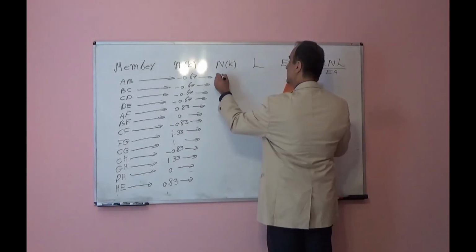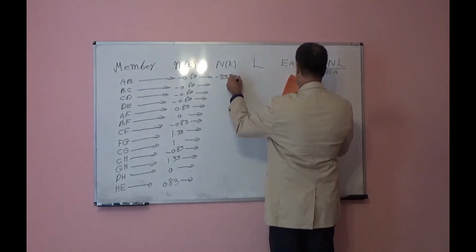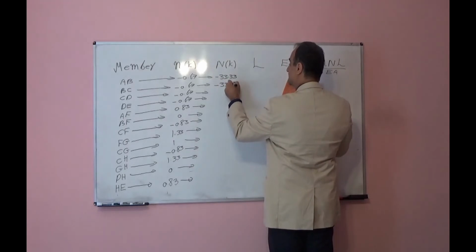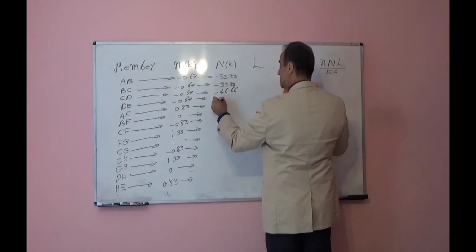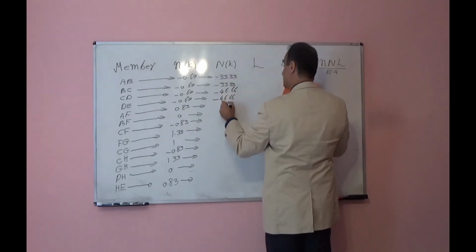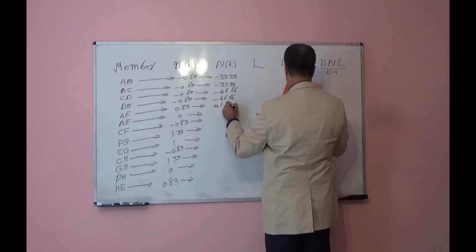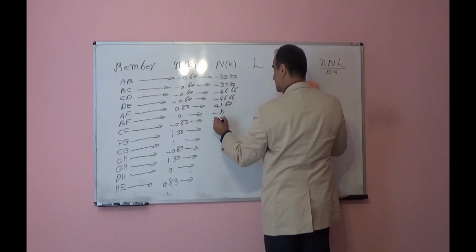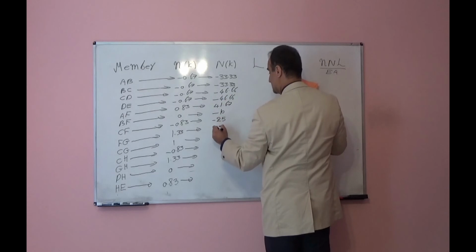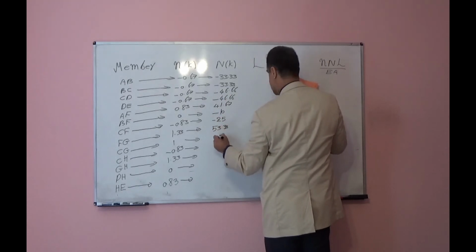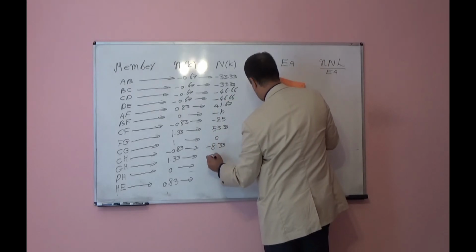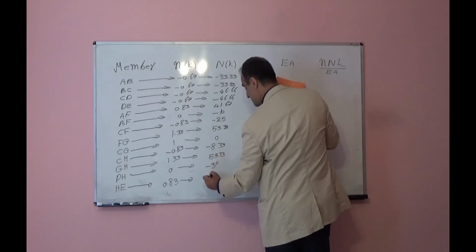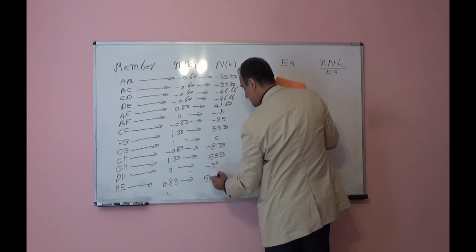It will be negative 33.33, negative 33.33, negative 46.66, negative 46.66, 41.67, negative 10, negative 25, 53.33, 0, negative 8.33, 53.33, negative 30, 58.33.